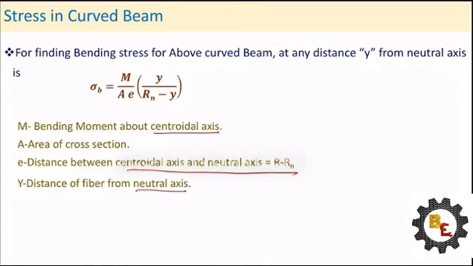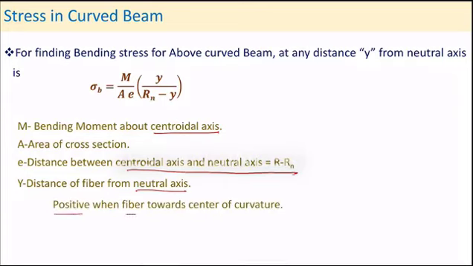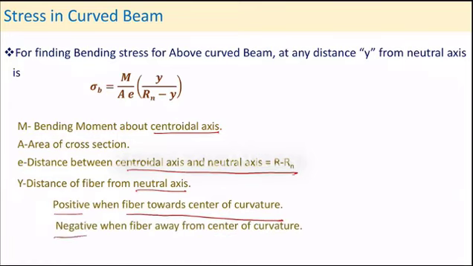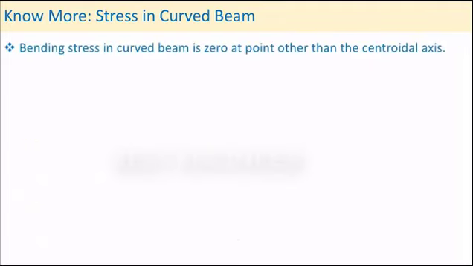It may be from the inner fiber or outer fiber. It is positive when the fiber is towards the center of curvature, and negative when away from the center of curvature. Bending stress in a curved beam is 0 at the neutral axis.